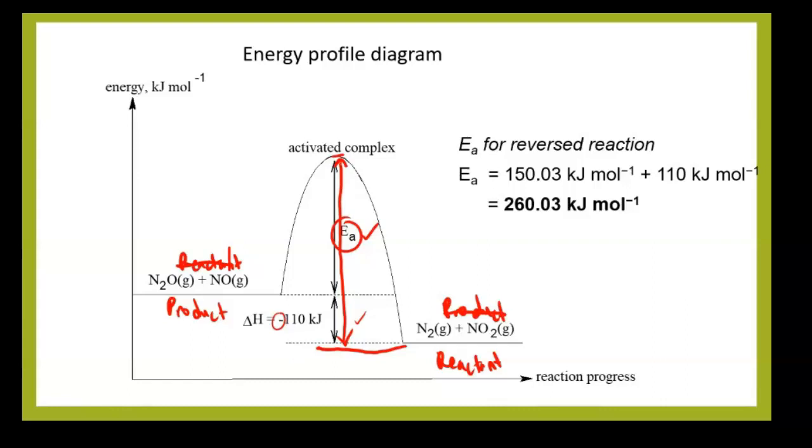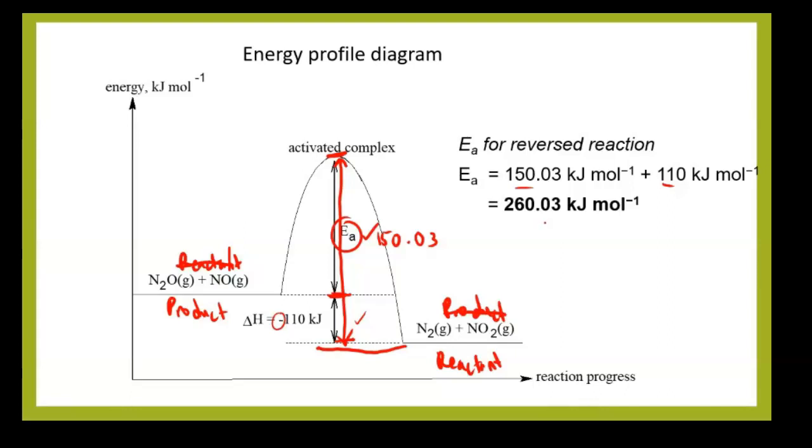From here until here the value is 150, from the earlier question 150.03. From here to here the value is 110. So you just add the values, and you get the activation energy for the reverse reaction, which is 260.03 kilojoule per mole.